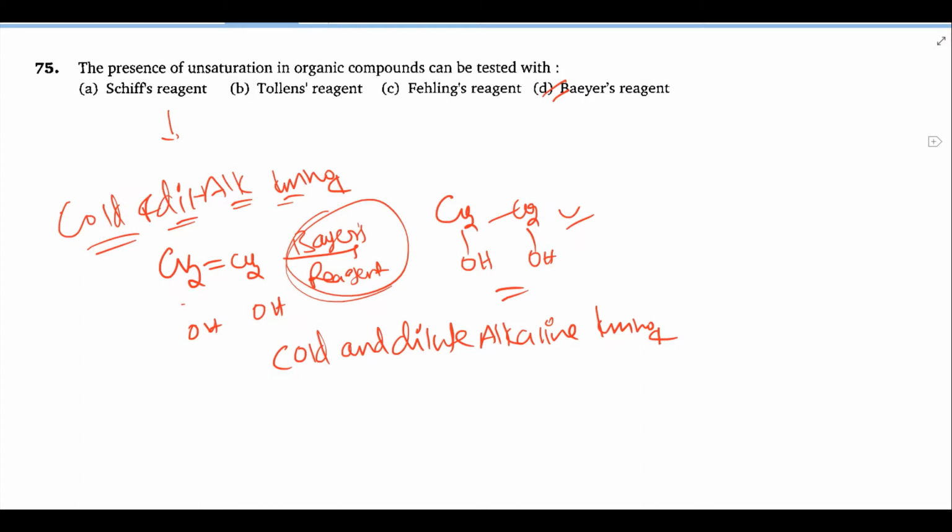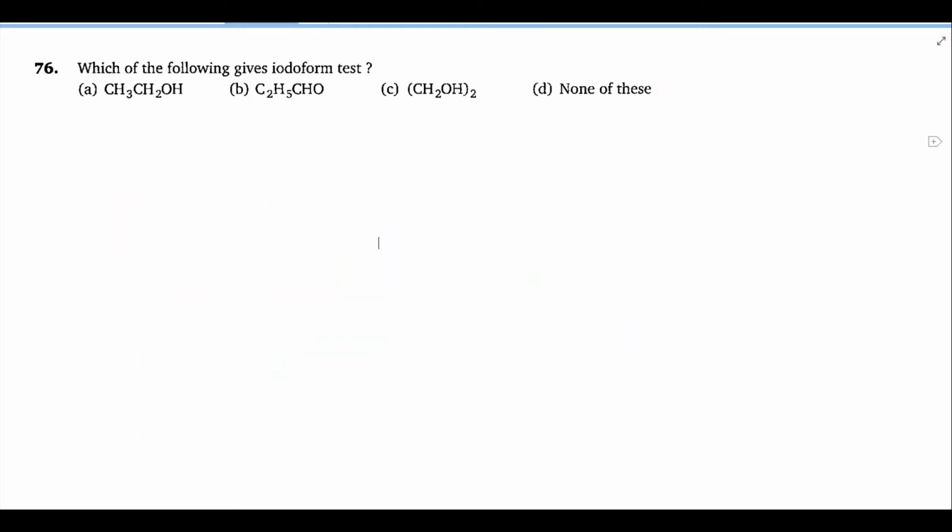Now coming to question number 76. Which of the following gives the iodoform test? Very simple question.